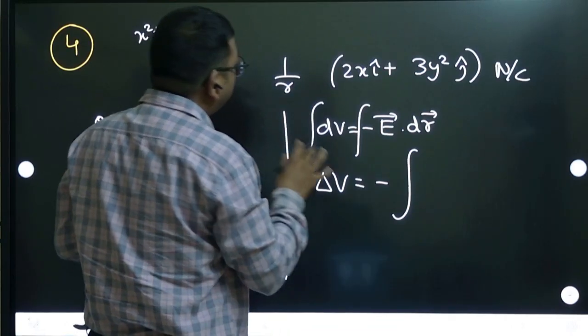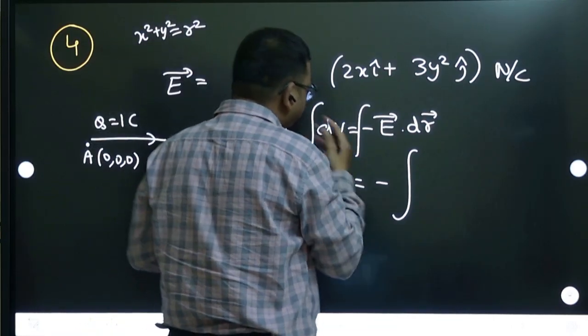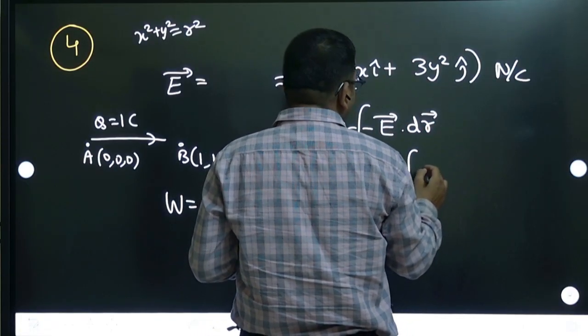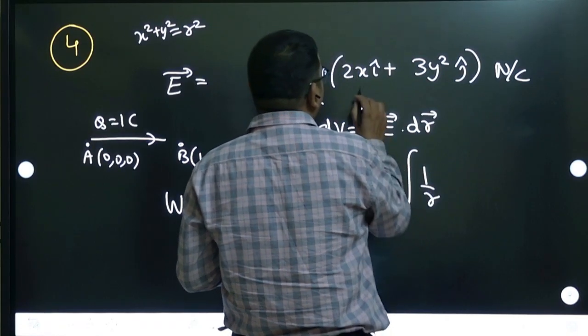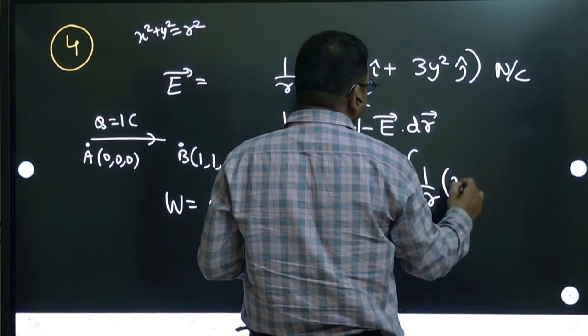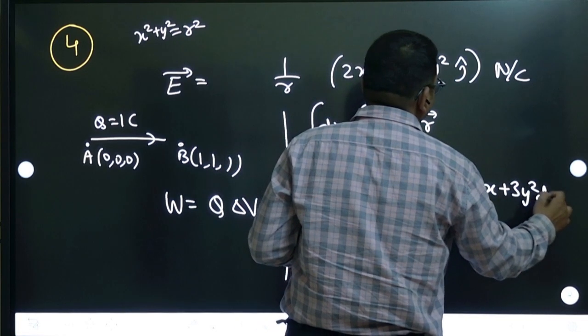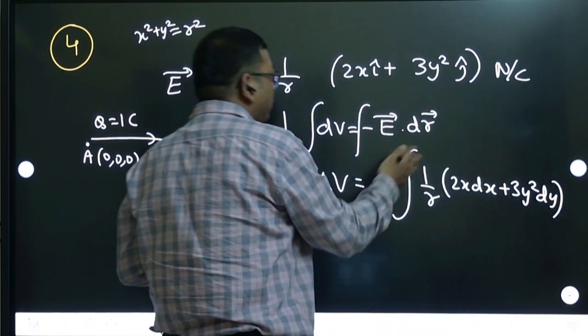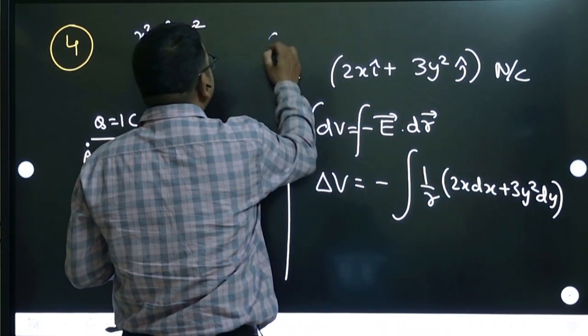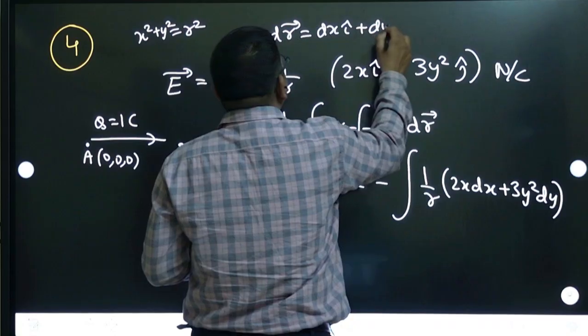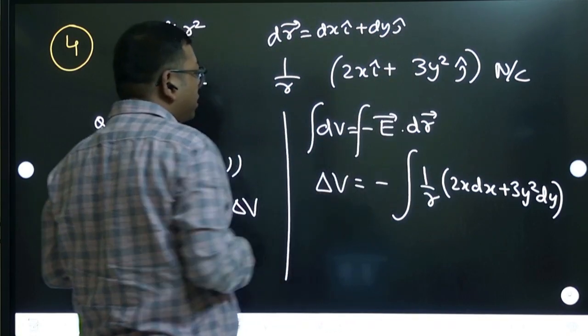And dr vector is dx i cap plus dy j cap. So 1 by r comes out, and 2x dx and 3y square dy. When you take the dot product, it will give this.